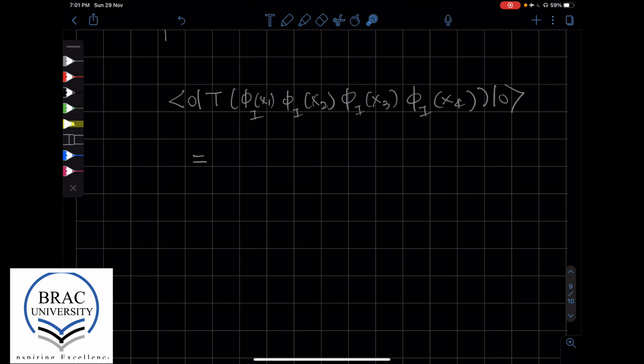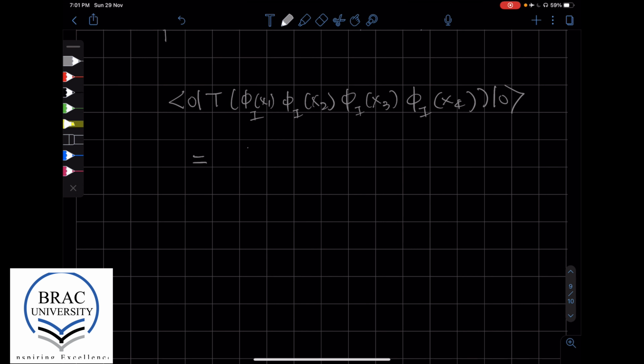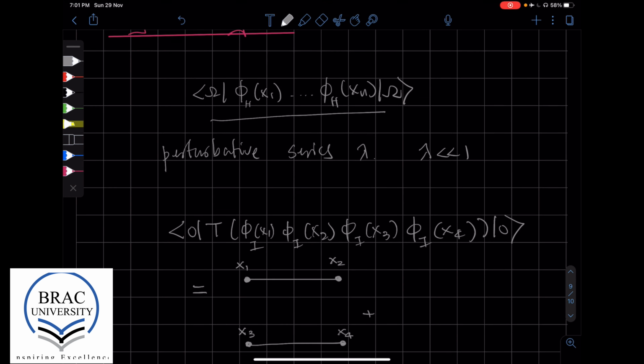So we can graphically represent this as a particle being created at the space-time point x1 and then propagating to the point x2 and being absorbed or annihilated.